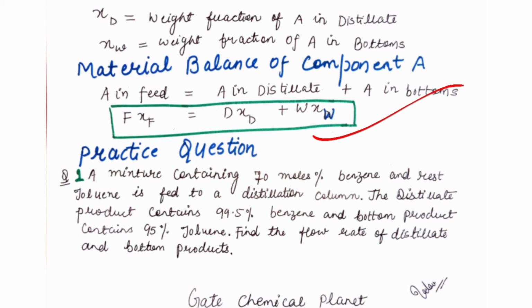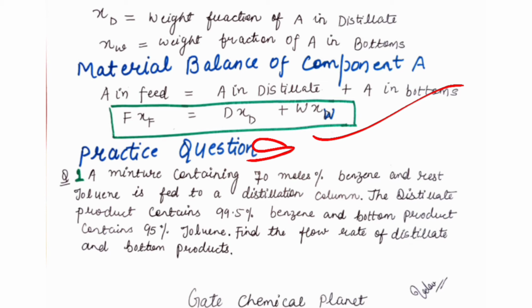On the basis of this concept, we will solve two questions for practice. The practice questions are here. Question number 1 says: a mixture containing 70 mole percent benzene and the rest toluene is fed to a distillation column.